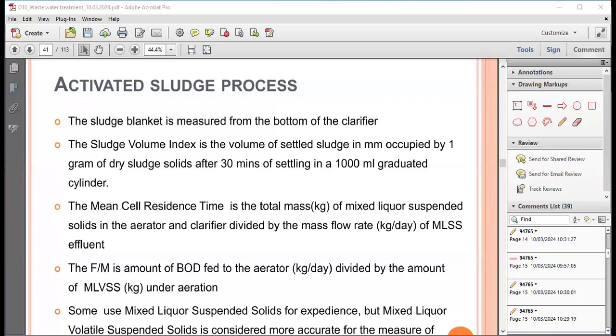Like you imagine garbage, round mud. It's a very important word in wastewater treatment, sludge, right?